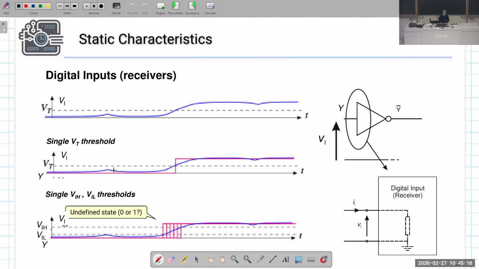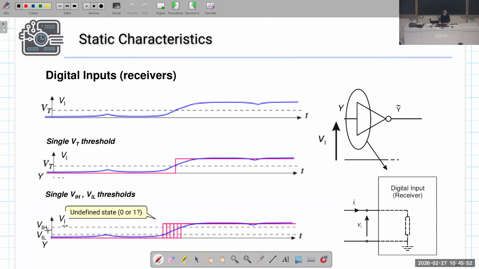In blue, you have the actual electrical signal, which is in any case a voltage that is continuous in time and amplitude. And in pink, you have the corresponding digital signal. It is the digital abstraction applied to these voltage signals that tells us that the signal corresponds to 0 when the voltage is below the threshold and to a logical 1 when it is above the threshold.